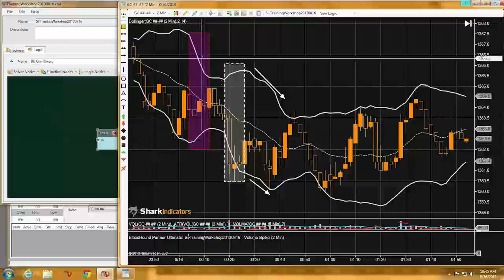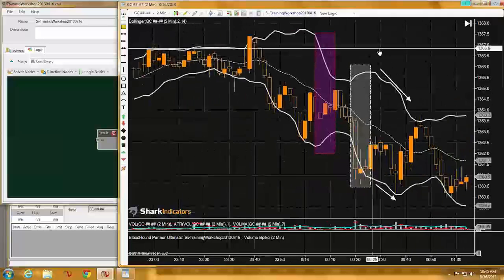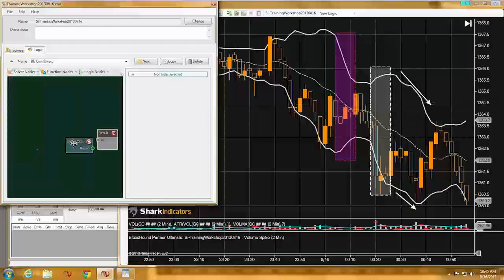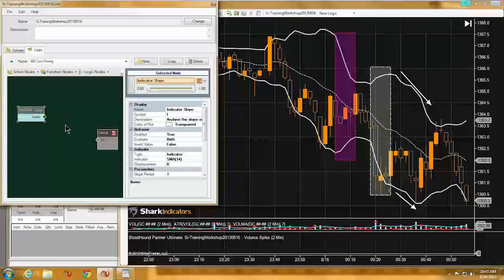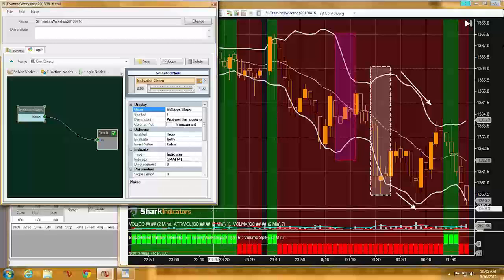So we'll just build this real quick, just so you get the concept here. So I'm going to use a slope solver, and this is going to be, all right. So the BB, let's see, the BB upper, yeah, so the BB upper band, I'll just leave it as upper.